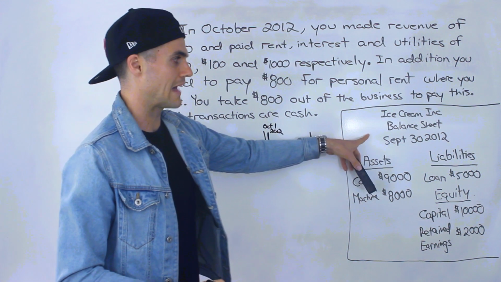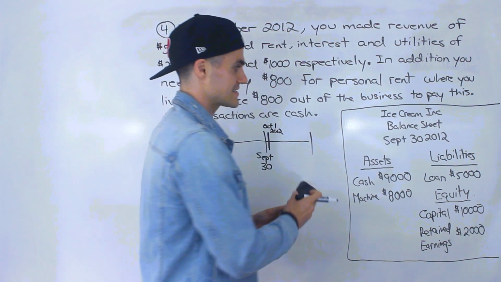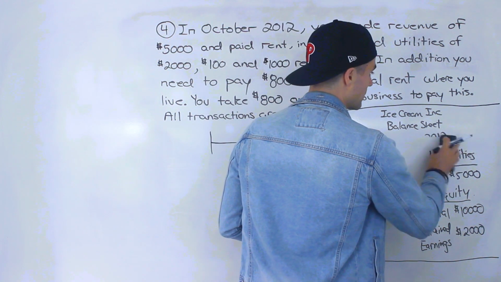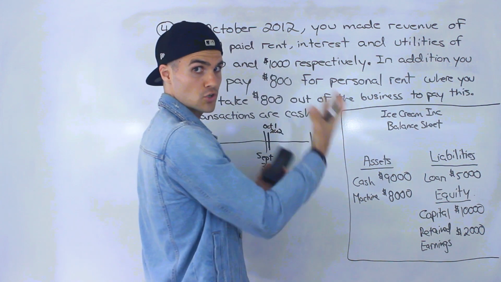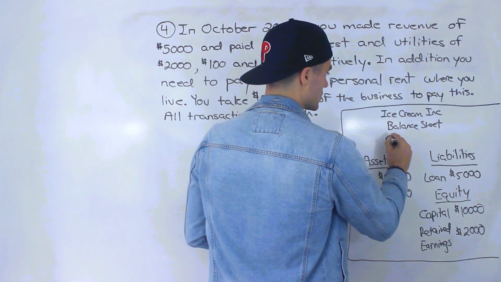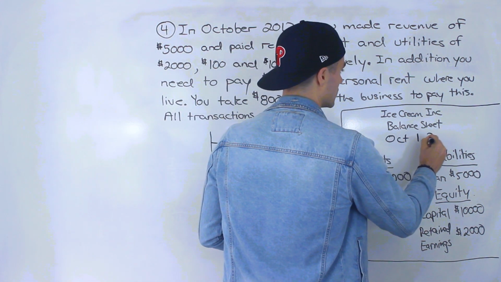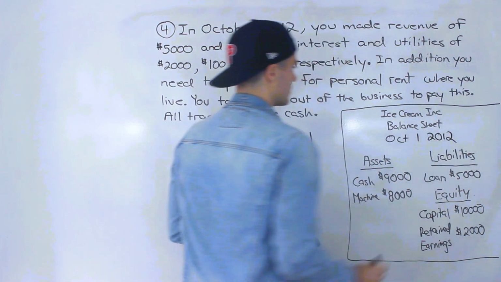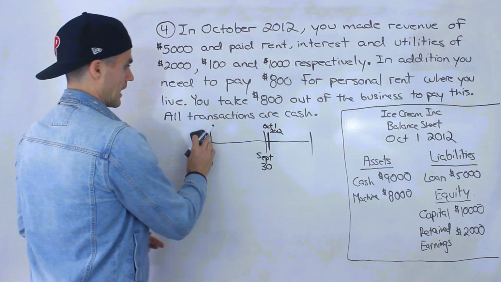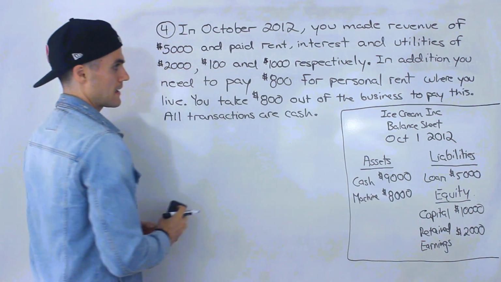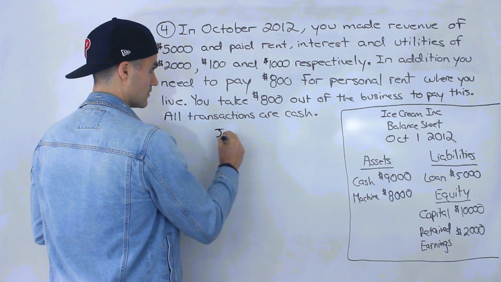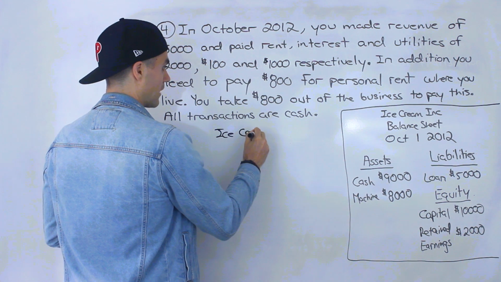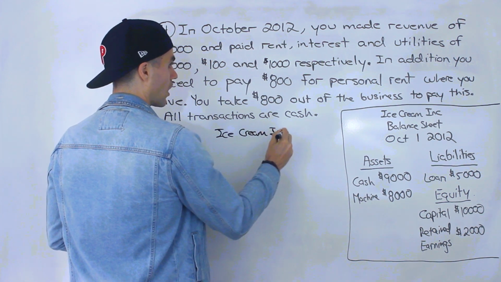The balance sheet at the end of September is the same as the balance sheet at the beginning of October. So we could actually change this date to October 1st, 2012, since we're dealing with October in this transaction. And what we're going to be doing is making, like we did in the previous transaction, an income statement. But now it's going to be for October.